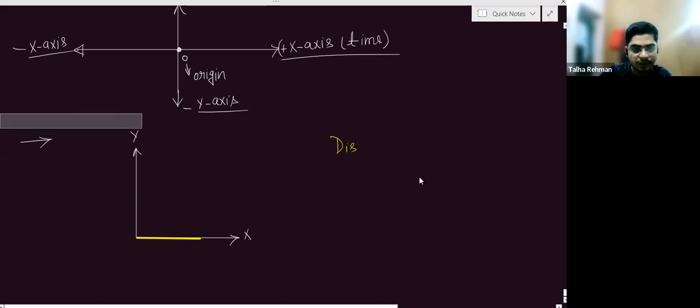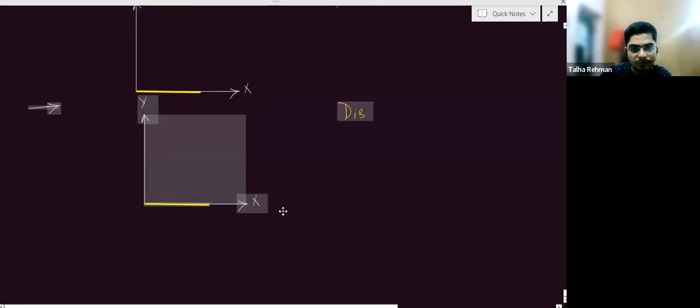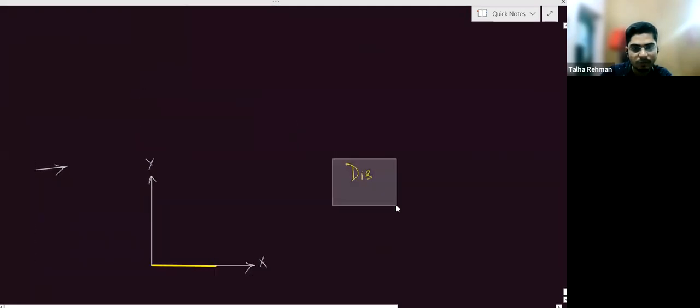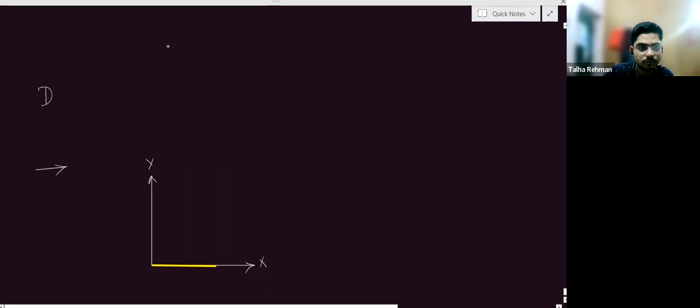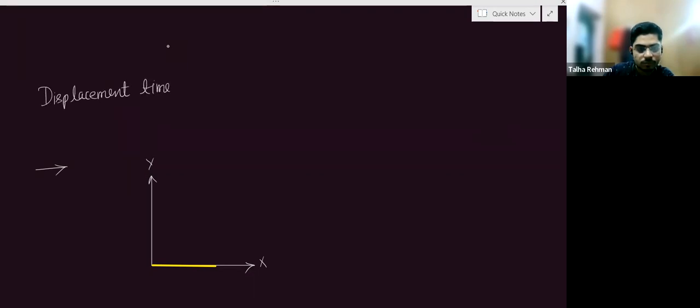What we are discussing basically is the displacement time graph.